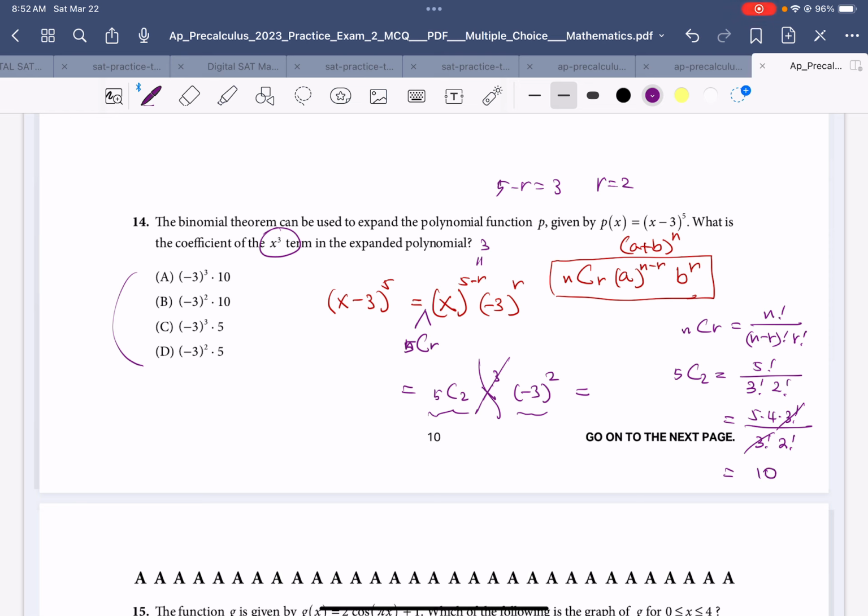So we end up with 10 times negative 3 to the second power. If you look at the answer choices, B is the correct answer. The key is to memorize what a specific term is, then use the binomial theorem to find that term.